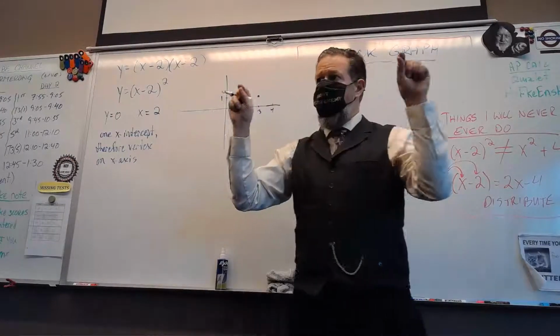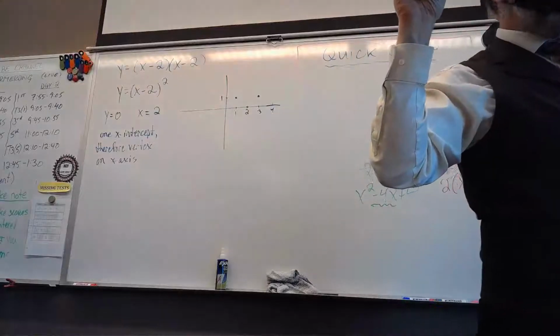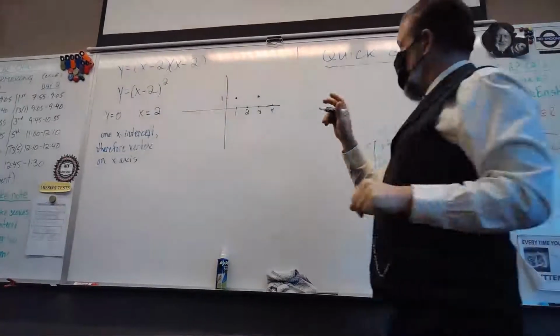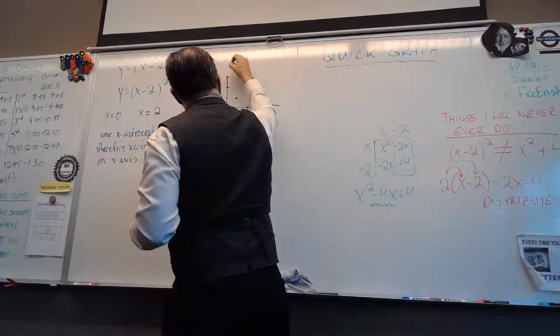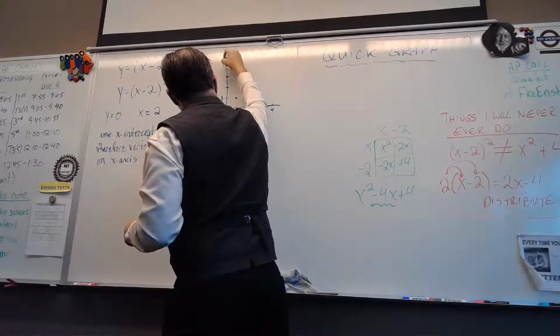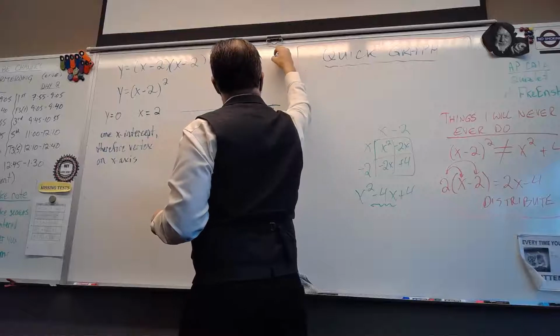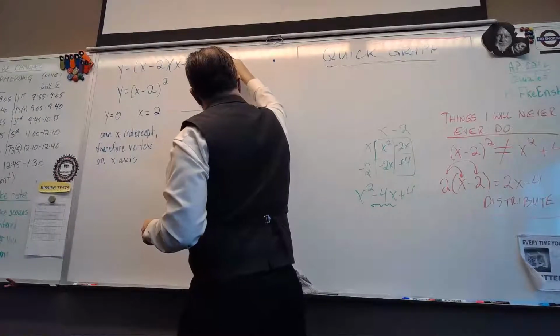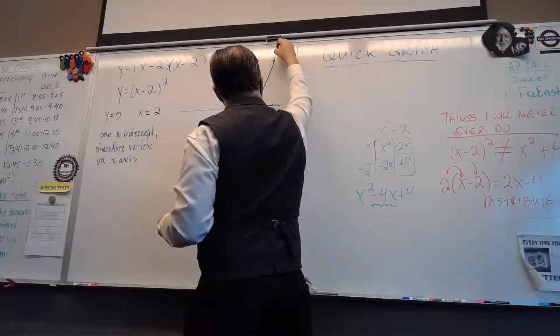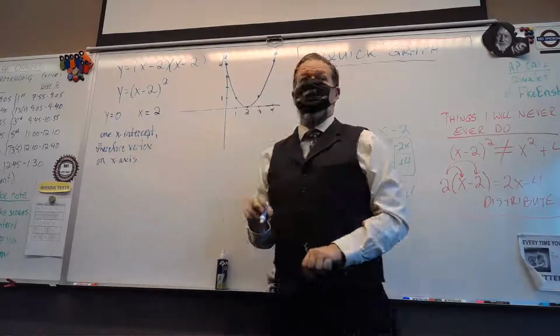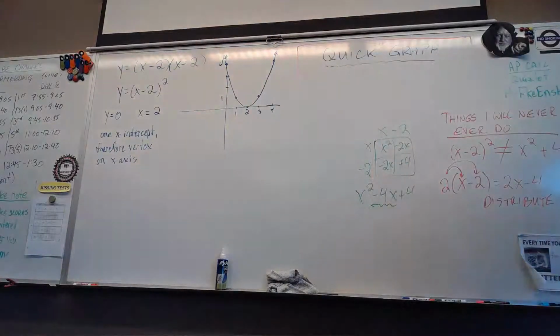How much do I go up? 4. Hey, look, I'm done. There's a beautiful graph of y equals (x minus 2) squared.